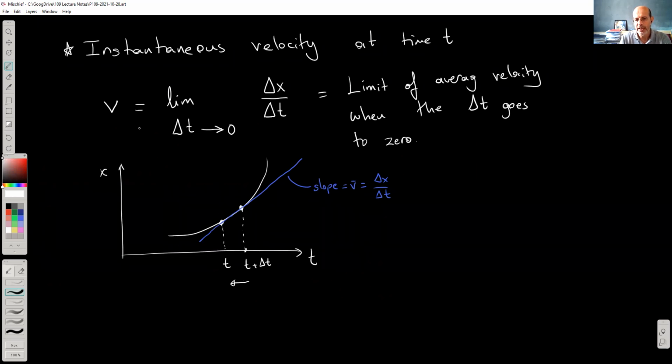So in mathematics, that's the algebraic or calculus expression for that thing. But on the x-t graph, it corresponds to the slope of the tangent line.